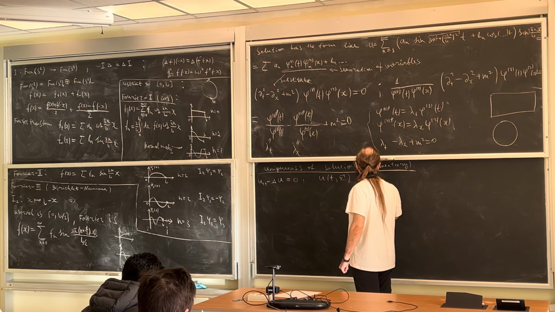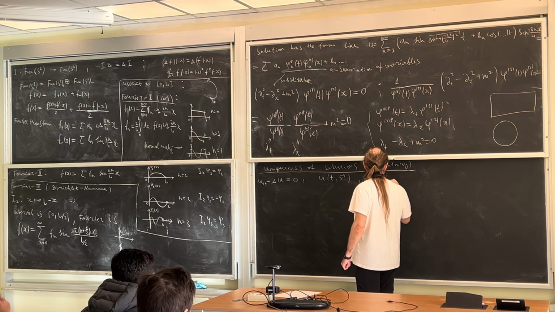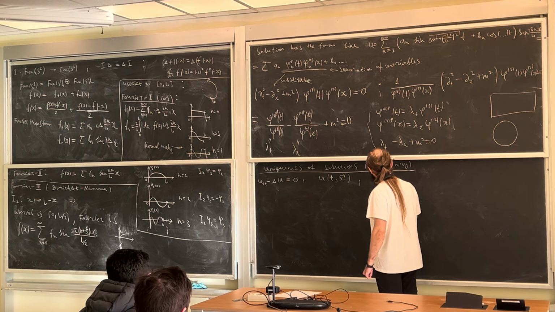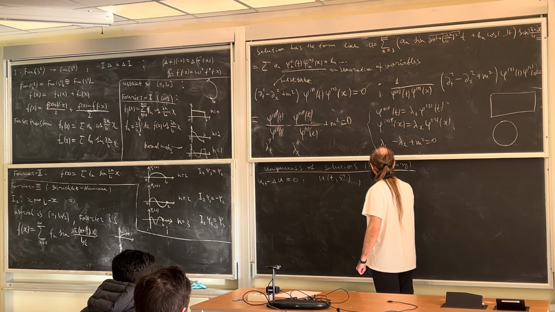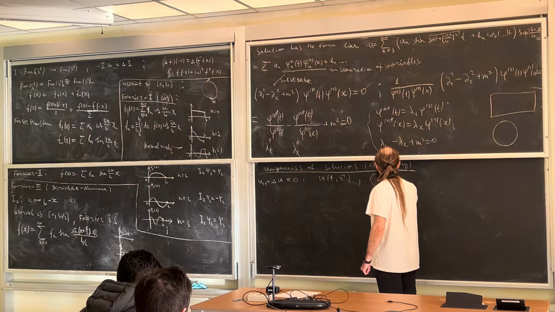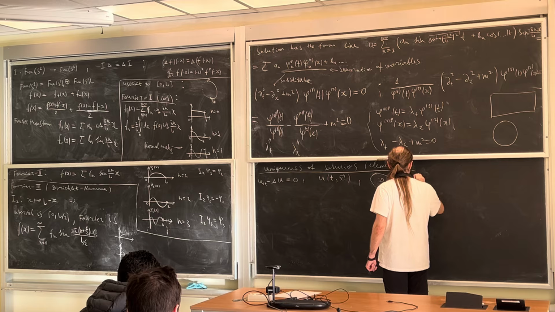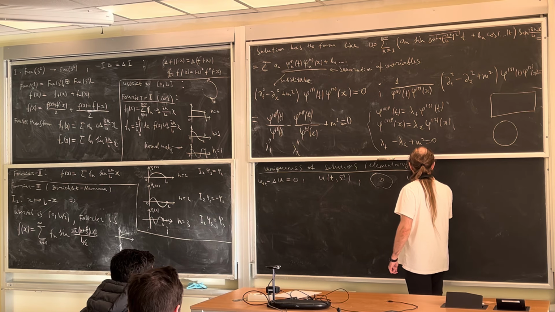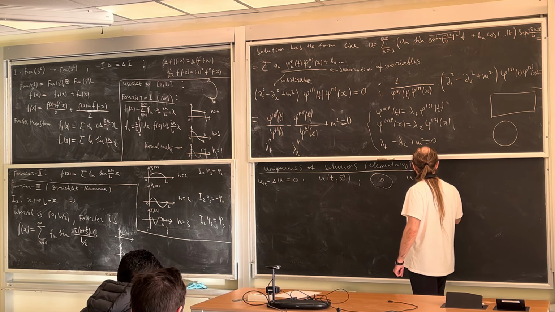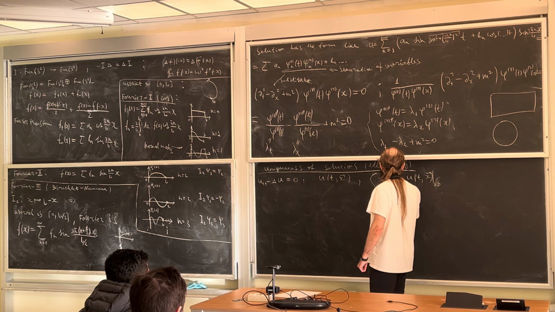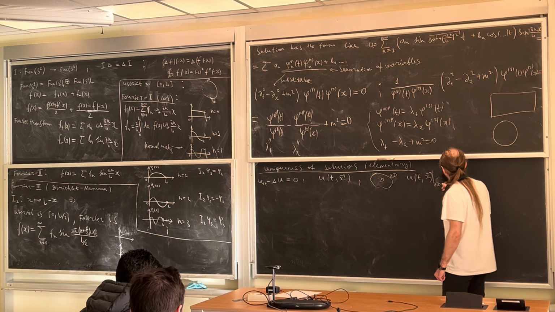For example, let us consider Dirichlet boundary conditions on some boundary in the X space. So there is some domain D, and we say that u of t and x restricted on the boundary of D equals u boundary of x.